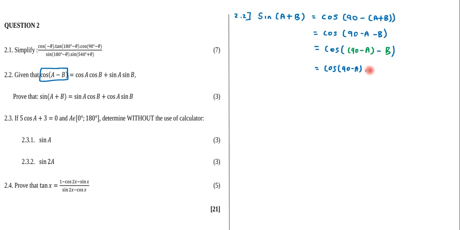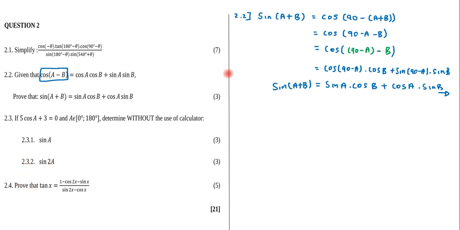So this is going to be cos 90 minus A times cos B plus sine 90 minus A times sine B. Now cos 90 minus A, it is a co-function belonging in the first quadrant, and then now which means cos A is positive, so this becomes sine A. And then I add cos B plus, and then here I have sine 90 minus A also in the first quadrant, and then sine becomes cos A, then times sine B. Now as you can see here, this becomes the value that is there on that question that we're given there, right?